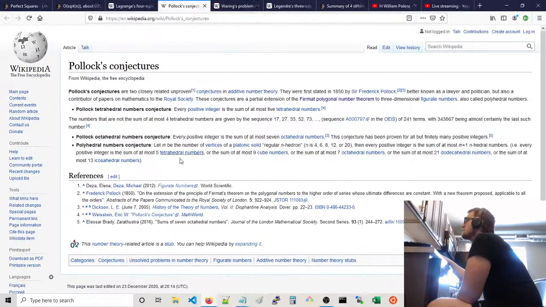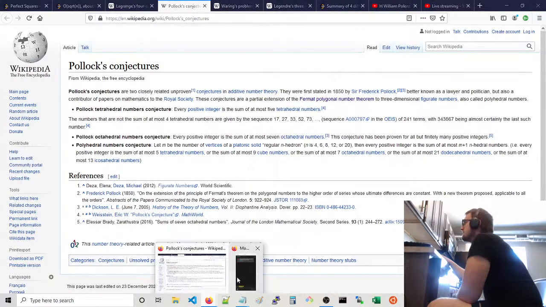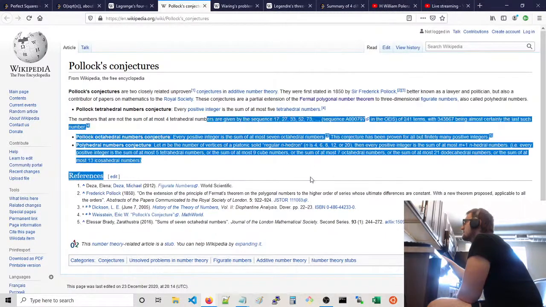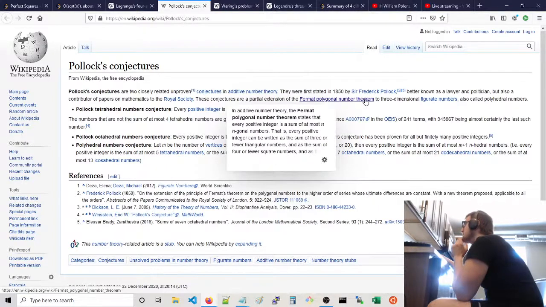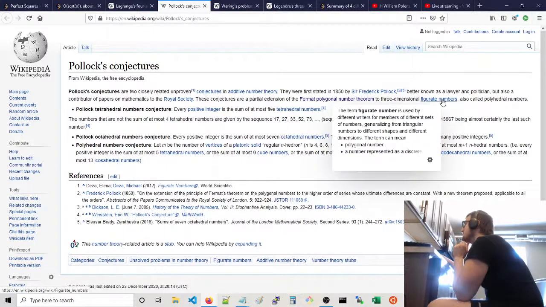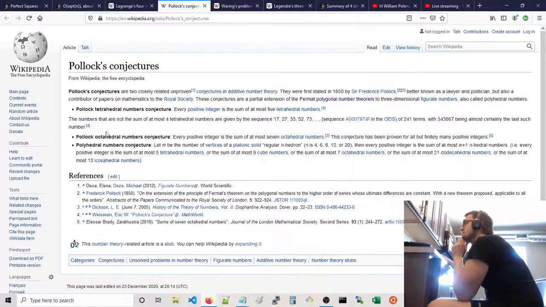Pollock's conjectures. Additive number theory is pretty wild, man. First stated in 1850 by Pollock, lawyer and politician, contributor of papers on mathematics to the Royal Society. Partial extension of the Fermat polygonal number theorem to three-dimensional figurate numbers, also called polyhedral numbers.